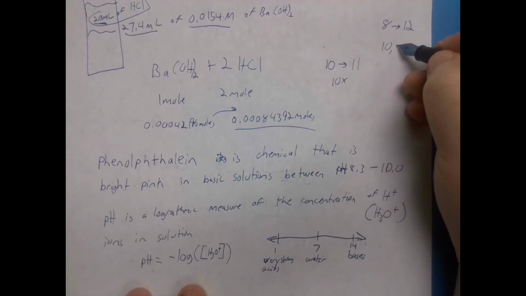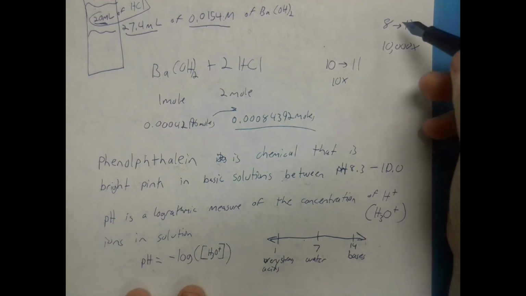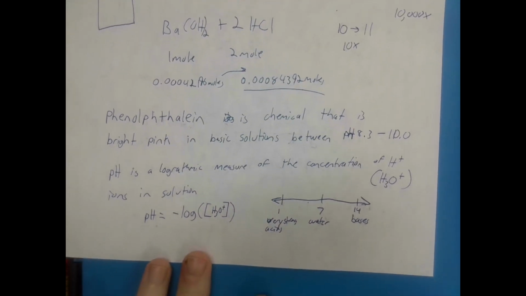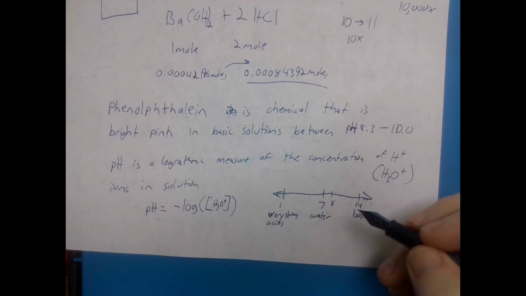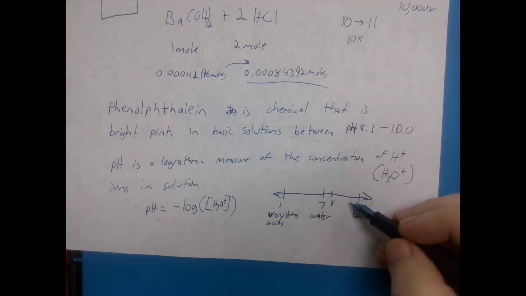This would be 10,000 times bigger. Going from an 8 to a 12 means the concentration is 10,000 times as much. So these are logarithmic values. So the difference between a 7 and an 8, not that much. But the difference between an 8 and a 10, that's 100 times bigger.